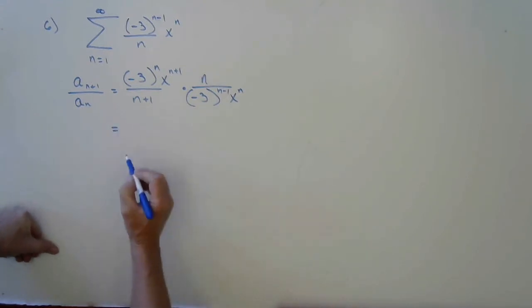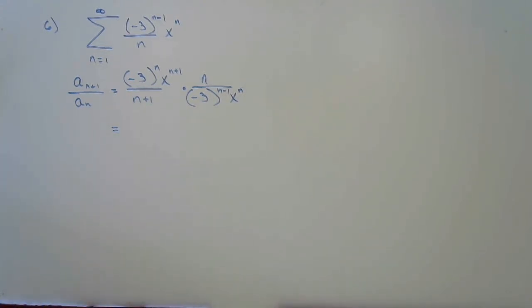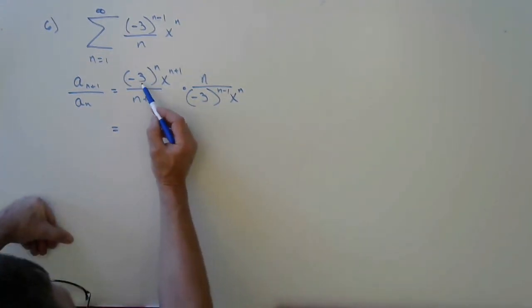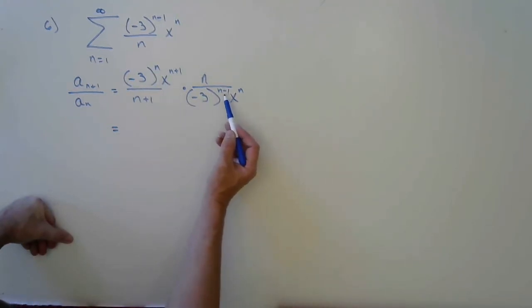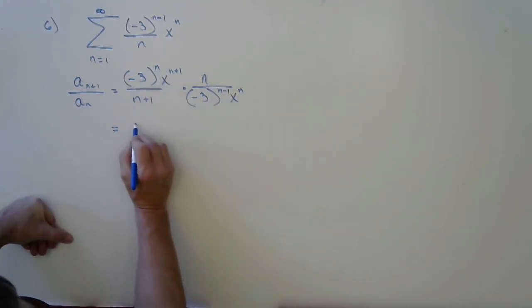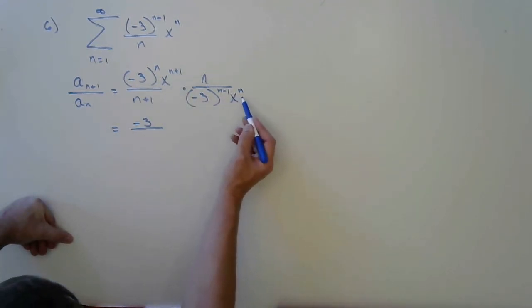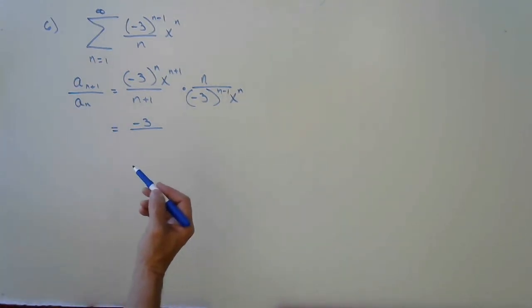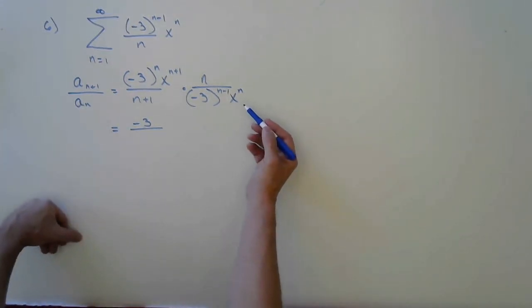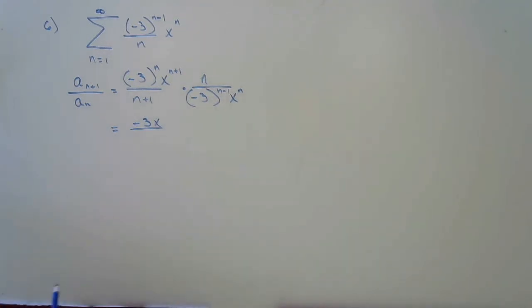So what is this going to reduce to? Well, we have a negative 3 to the n, we have negative 3 to the n minus 1. That leaves us a negative 3. We have x to the n plus 1 divided by x to the n. So that leaves us an x, right?